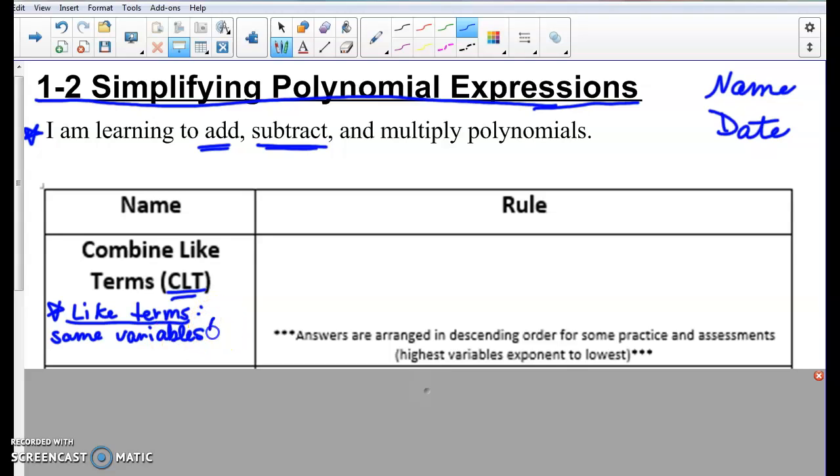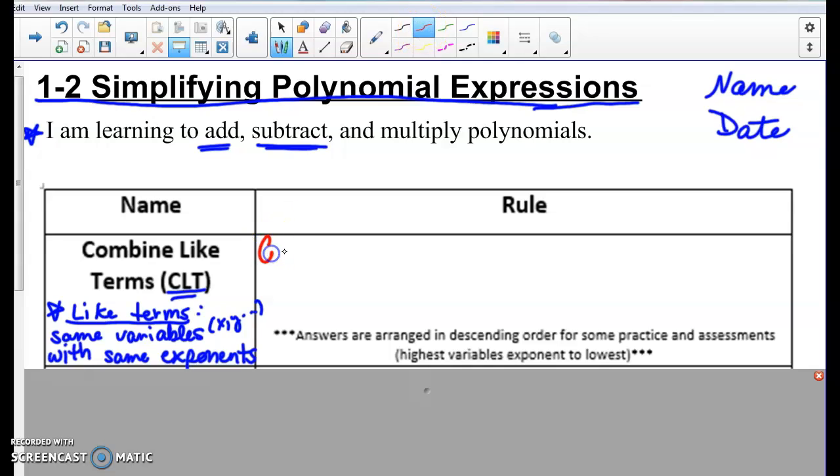So remember, your variables are just like your x, y, anything other than the letters a, b, c, all those. Those same variables with the same exponents. And it's that little number up at the top. So like terms are same variables with the same exponents.